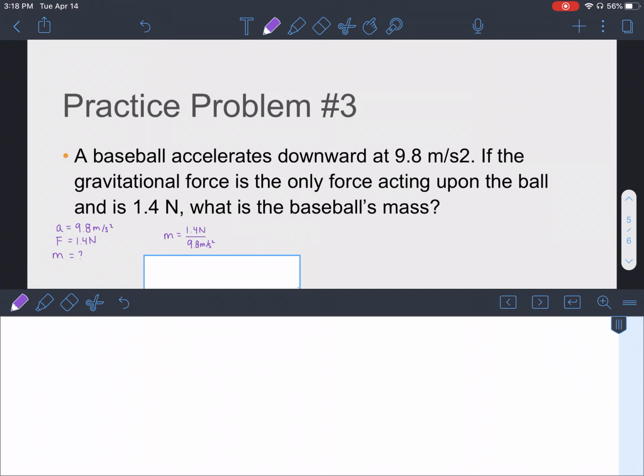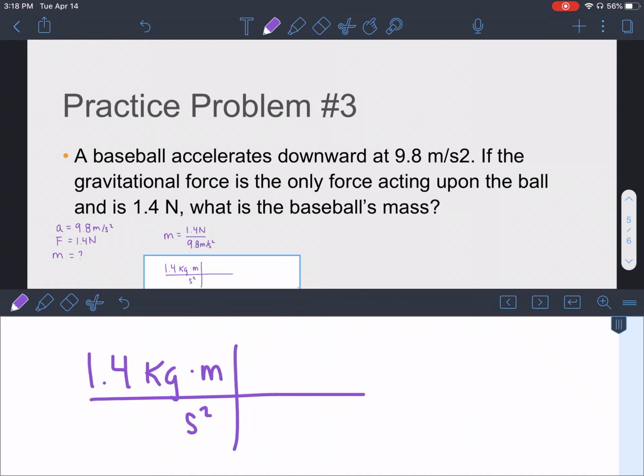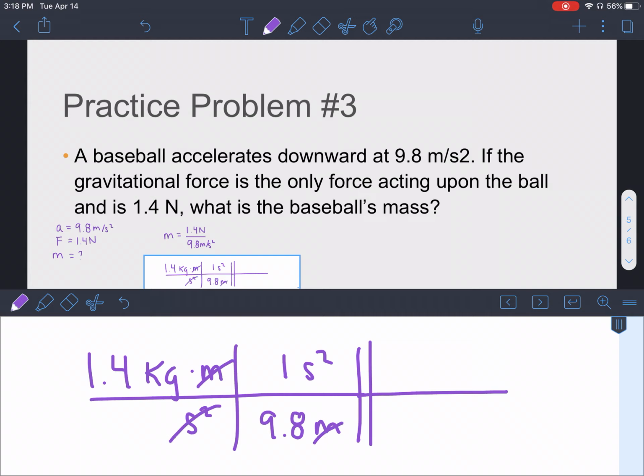We could also use dimensional analysis, 1.4 kg times meters per second squared divided by 9.8 meters per second squared. Right? Meters cancels out, second squared cancels out, and kilograms carries all the way through.